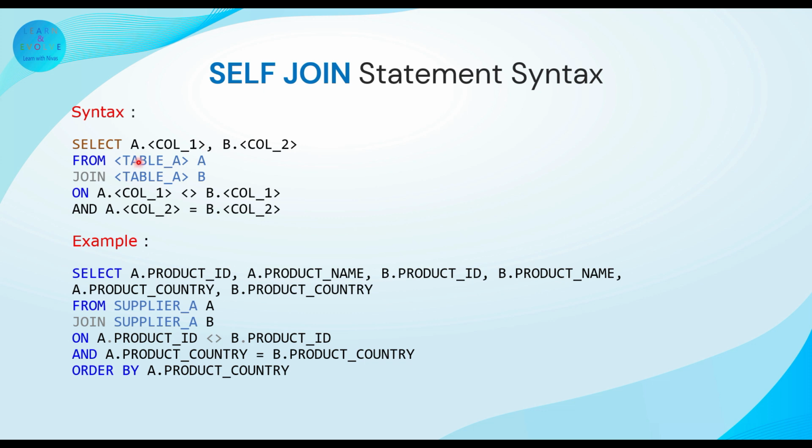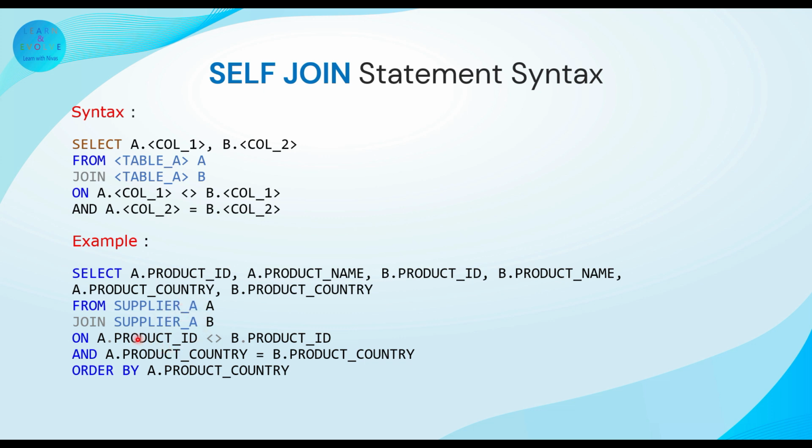I'll tell you how it works. Here we have considered the same supplier table which we used earlier. There were two tables, supplier A and supplier B, but here we are using supplier A itself in both places. Here I'm saying product ID not equals to product ID. It will take all the product IDs. For example, say the supplier A table has 10 records.